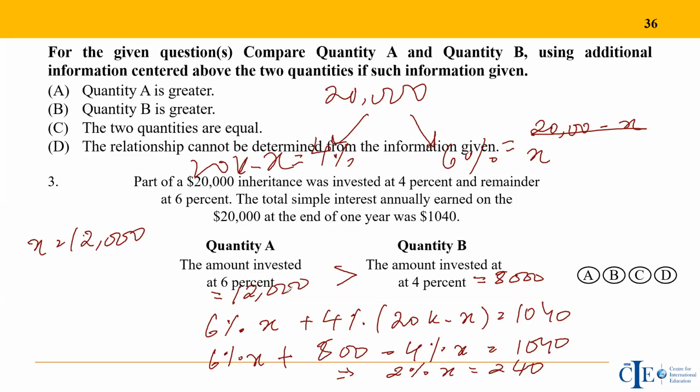Equating and solving and finding X gives you the value of 12,000 and the remaining 8,000. So this was a direct kind of question solved algebraically, making an algebraic equation and then working it out and solving it.